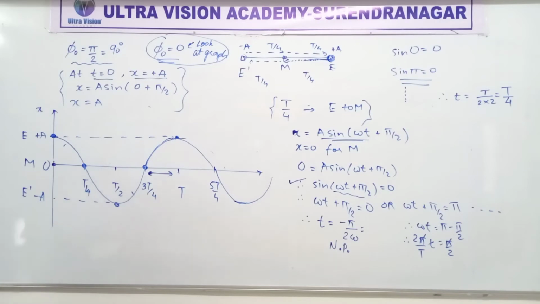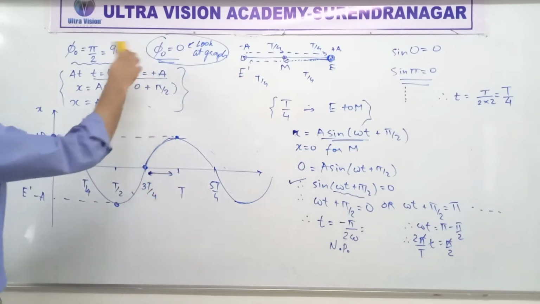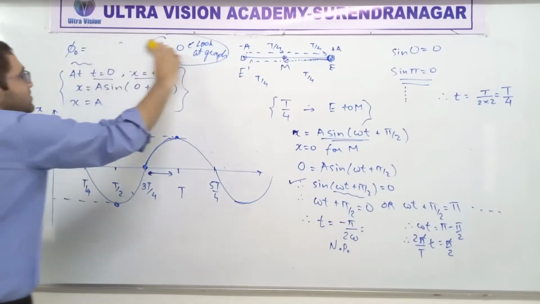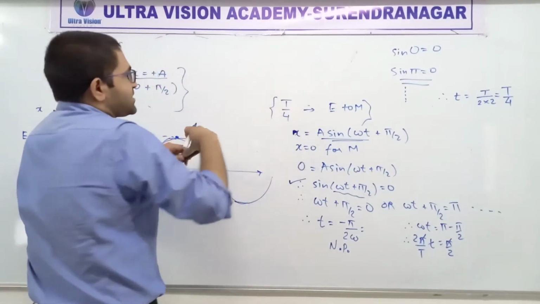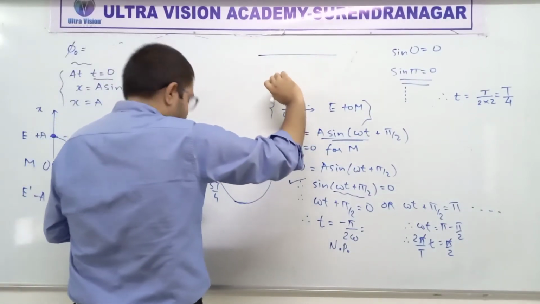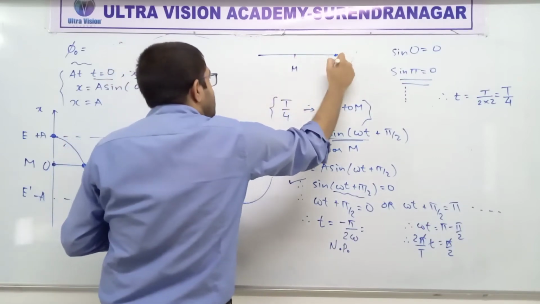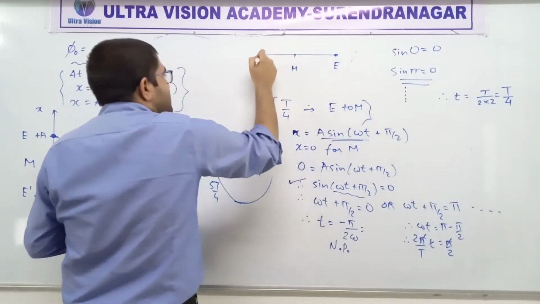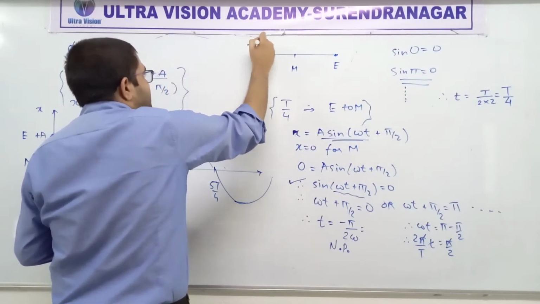Okay? Now, let's do one thing. Suppose instead of this, we would draw the graph for the other case, where instead of starting at the positive endpoint, let's say this would start at x equal to minus a.